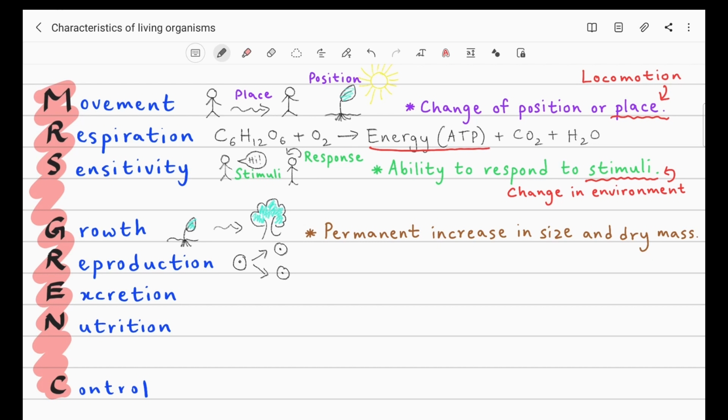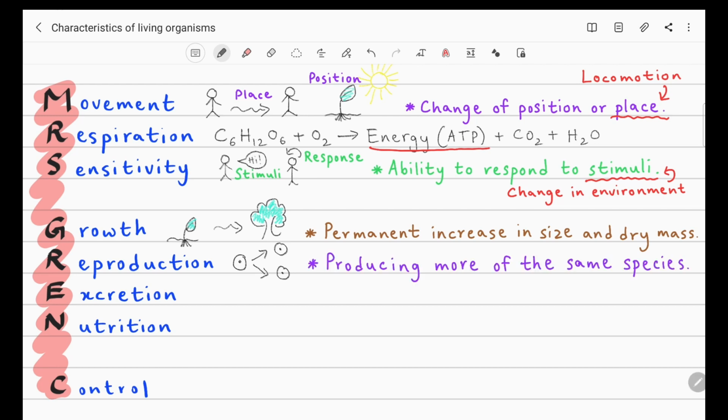Can you imagine if 2 or 3 generations ago, the entire human race stopped reproducing, by now there would be no more humans left on earth, right? So it is vital for the survival of a species or the population.